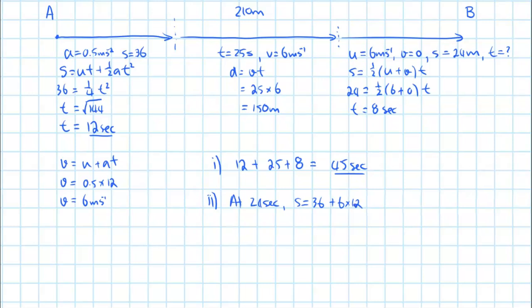Distance is velocity times time. And so 36 plus 6 times 12 is 108 meters. So the cyclist has a 108 meter head start on the car.